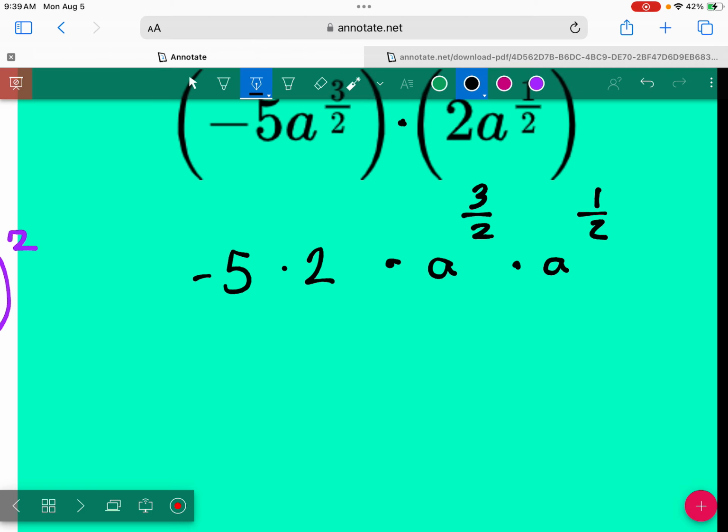So negative 5 times 2, that's negative 10. When we are multiplying things with exponents, what do we do with the exponents? Add them. So 3/2 plus 1/2 is 4/2, which also simplifies down to be 2.